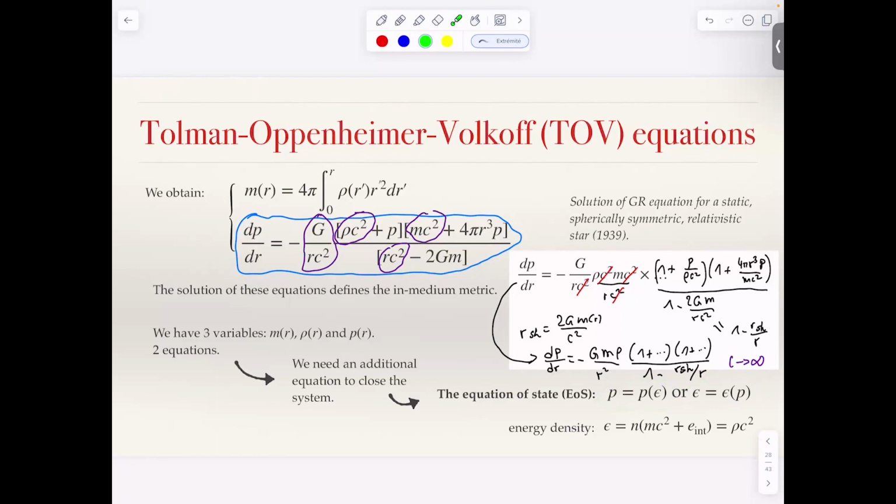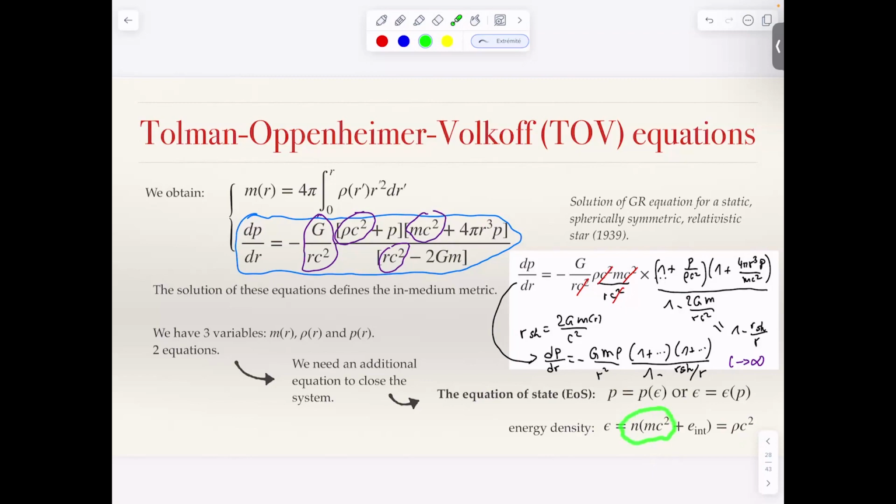Let me just write here something that is new compared to before: what I now call rho is not only the mass density, which you were saying before. This term, m c squared times n, is the mass density, the rest mass. Yes, the rest mass density. Yes, exactly.